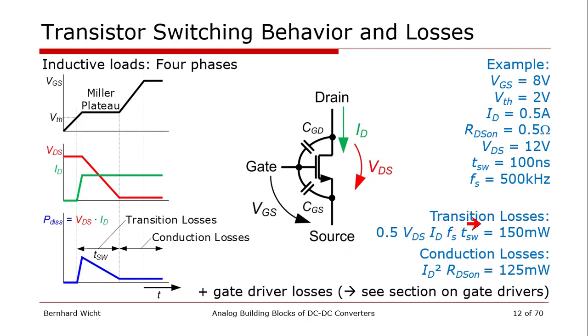I've given a few example values, which indicate that these values are in the range of a few hundred milliwatts. So the power dissipation is considerable, and one of the goals is usually to optimize to get to the minimum power losses. On top of that, since we are charging the gate capacitor, there are gate drive losses which come on top. And since they scale with frequency, as frequencies go higher, they also contribute significantly to the power losses.